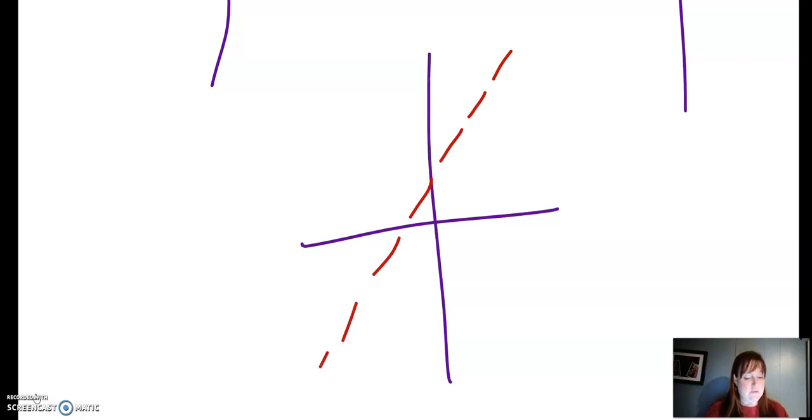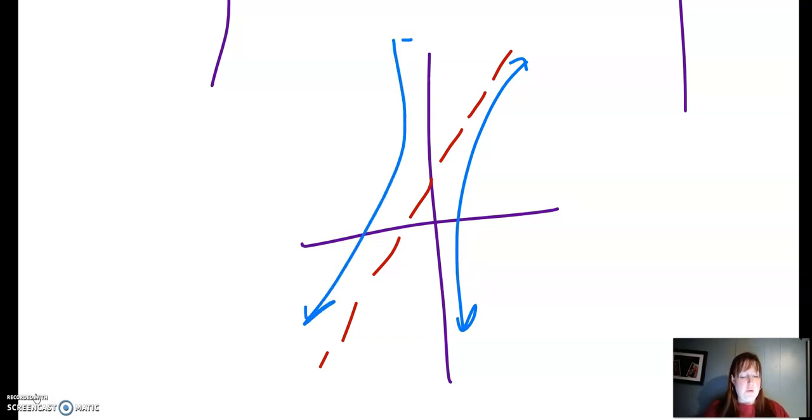That's called a slant asymptote. So it doesn't seem to approach a horizontal line at all. Like I said, we're not going to deal with those in Algebra 2, but just know that sometimes we don't actually have a horizontal asymptote. Sometimes the function looks like this, and as x gets really big, y also just gets really big.